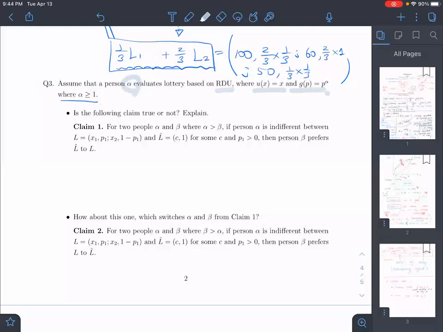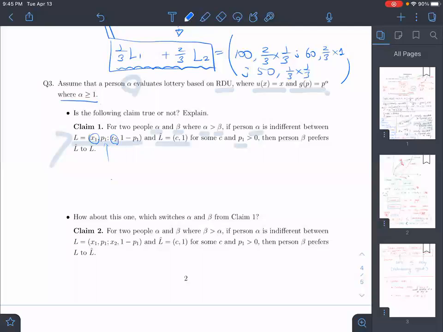Claim 1. For two people, alpha and beta, where alpha is greater than beta, if person alpha is indifferent between L and the sure outcome C, for some C and p1 greater than 0. This lottery has two outcomes, x1, x2, with some positive probability attached.